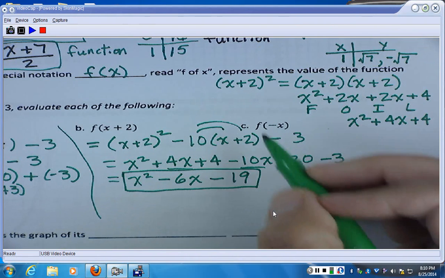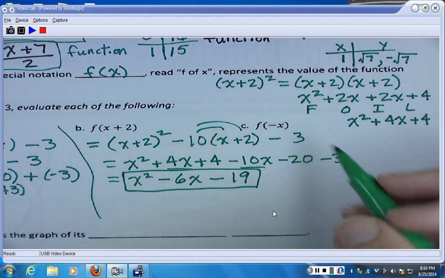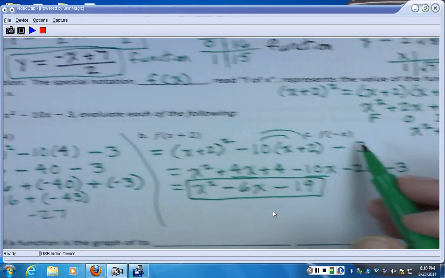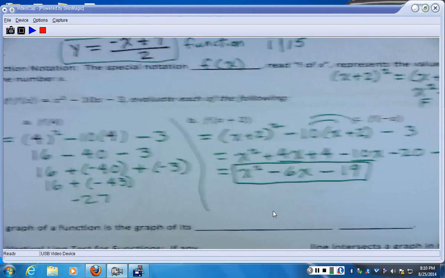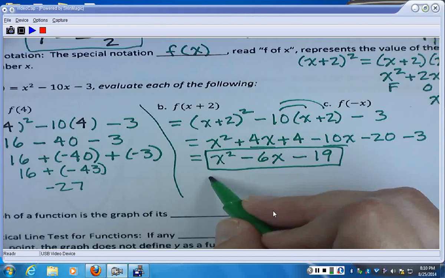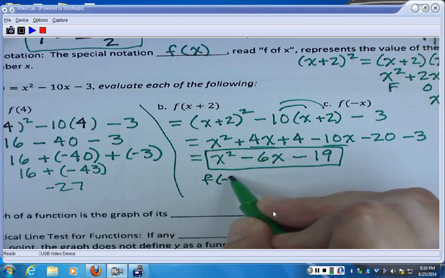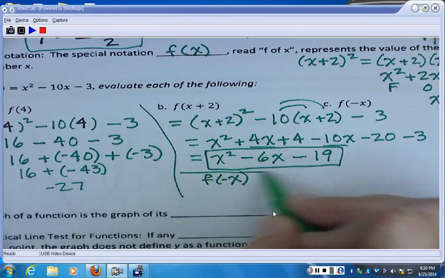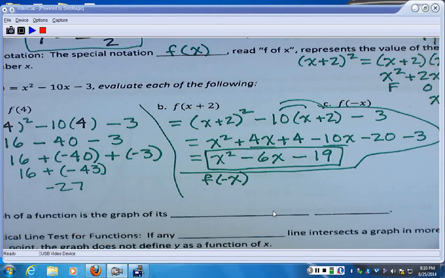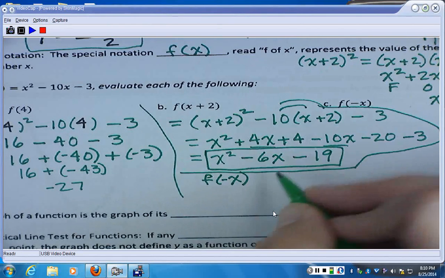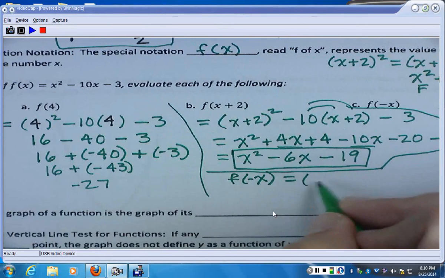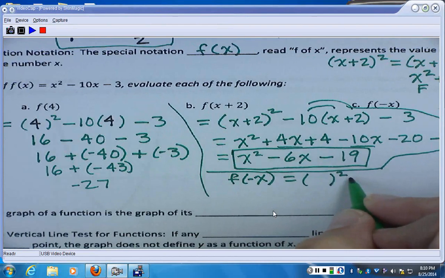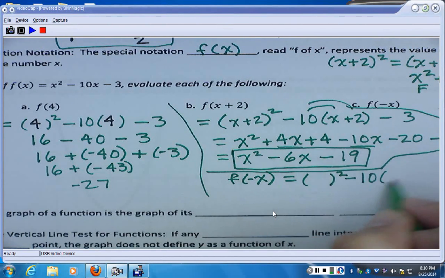All right, and then I'm running out of room here. f of negative x. So that means everywhere we have an x, just substitute negative x. So I guess I'll put in f of negative x equals, we've got parentheses x squared minus 10 times x minus 3.